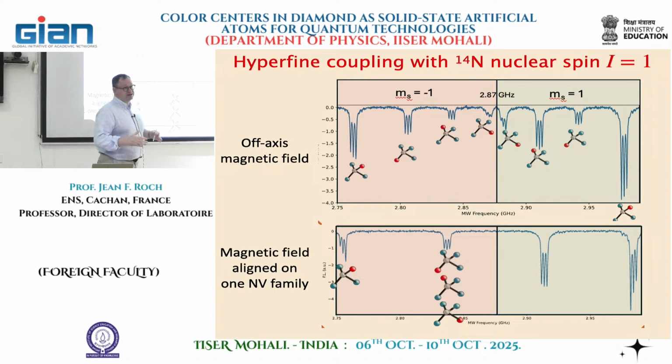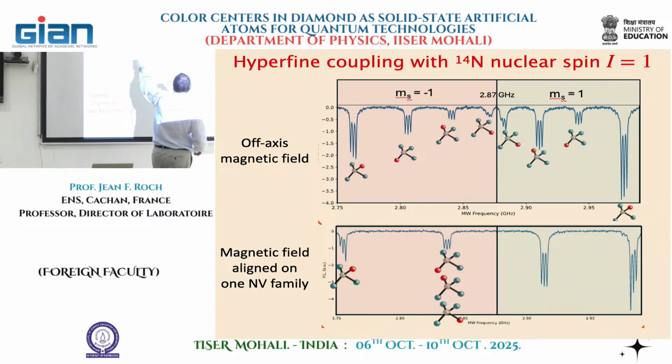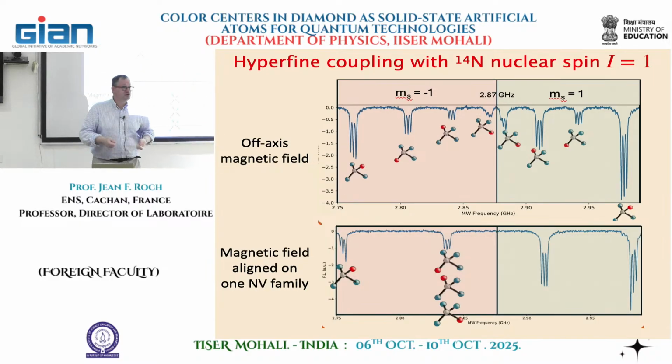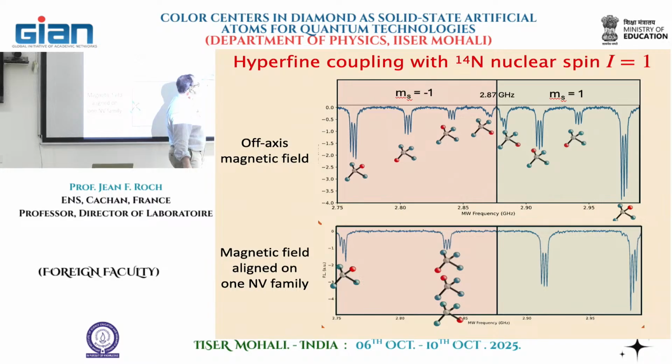We believe that this is only an artifact, due to the fact that when we scan the frequency, it is a rather large frequency range in the scan, and certainly the efficiency of the microwave excitation in the antenna will change. So we certainly have a more efficient microwave excitation here compared to here. This means that the Rabi frequency for the electron spin is higher here, which leads to a higher contrast observed on this line compared to this line.